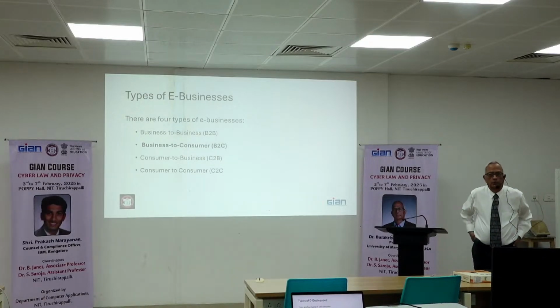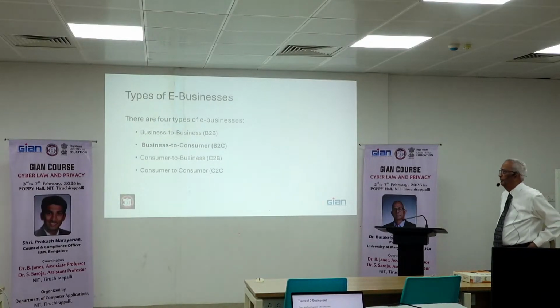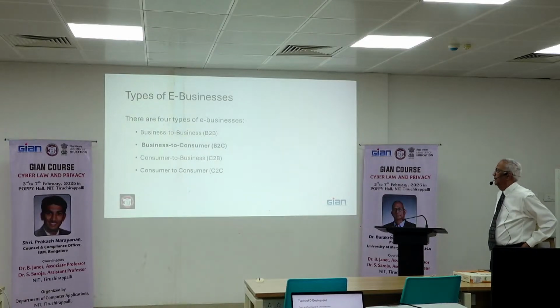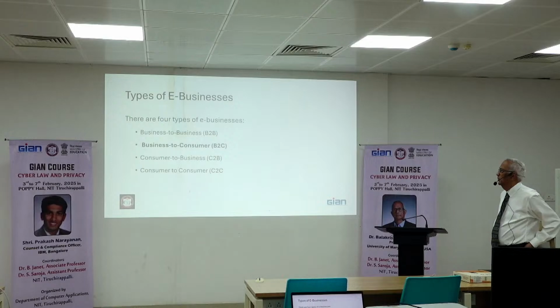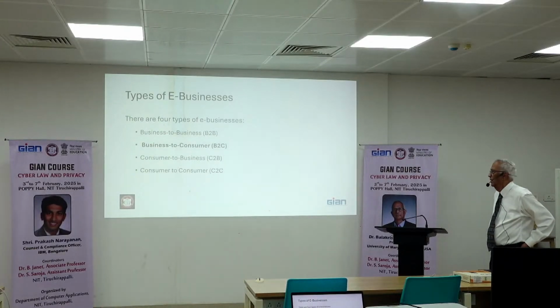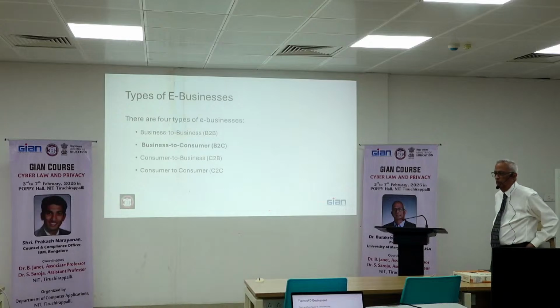Even e-commerce, let's say it's not e-commerce, e-business, could be 4 different types: business to business, business to consumer, which we are going to focus on today, consumer to business, and consumer to consumer.